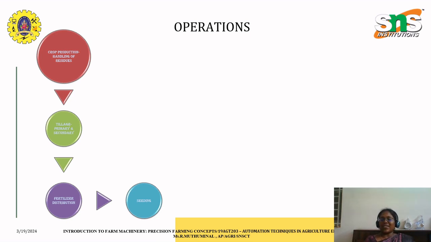This is a process where we would say in Tamil as Nathu Nadrathu, or after fertilizer distribution we will also do something as distributing the seeds uniformly under the ground level for the crop's growth.